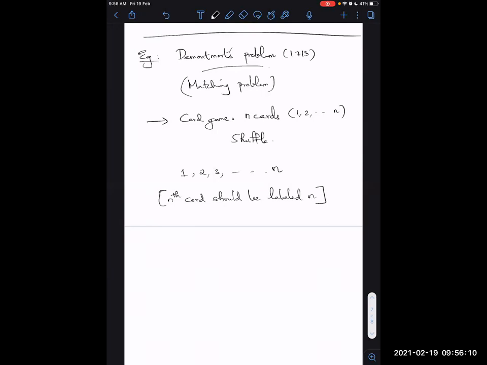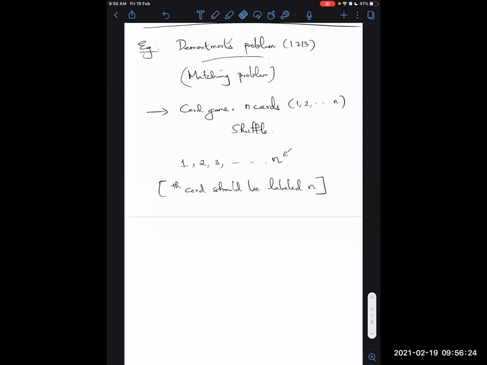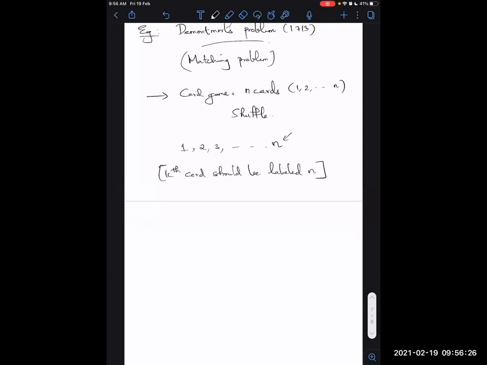And I'm asking, what is the probability that some card matches its position? So here nth card does not mean the n here, I'm sorry. I just mean the kth card matches k. And at least one such event should happen.